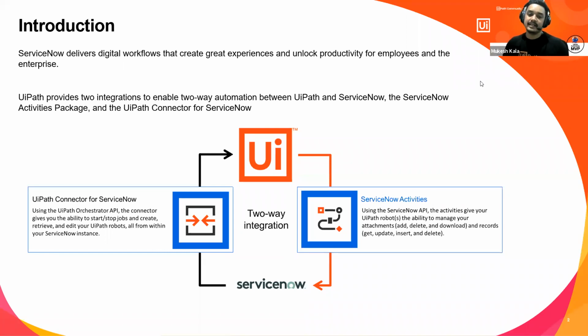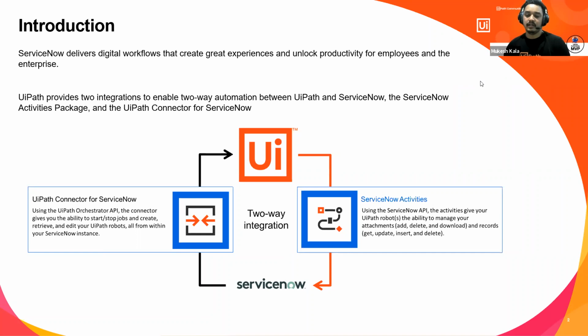But now why exactly does this integration come into the picture? On one side, we are telling that we have deployed the robots, we have freed the human resources and the robot is doing the work. On the other side, I am telling someone to keep continuously monitoring the orchestrator.